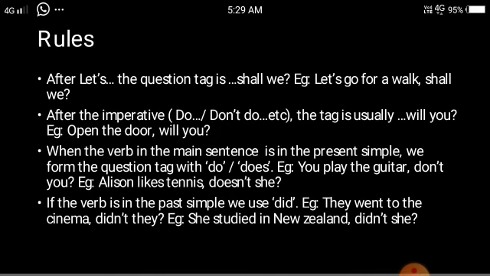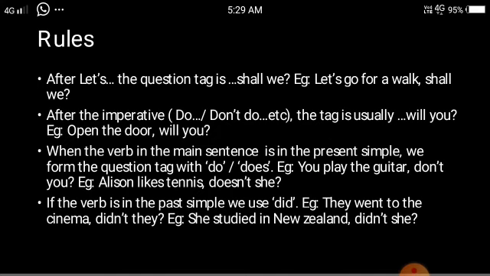Next. When the verb in the main sentence is in the present simple, we form the question tag with do or does. You play the guitar. Don't you? So this is a sentence in the simple present tense, and the auxiliary verb is not present.